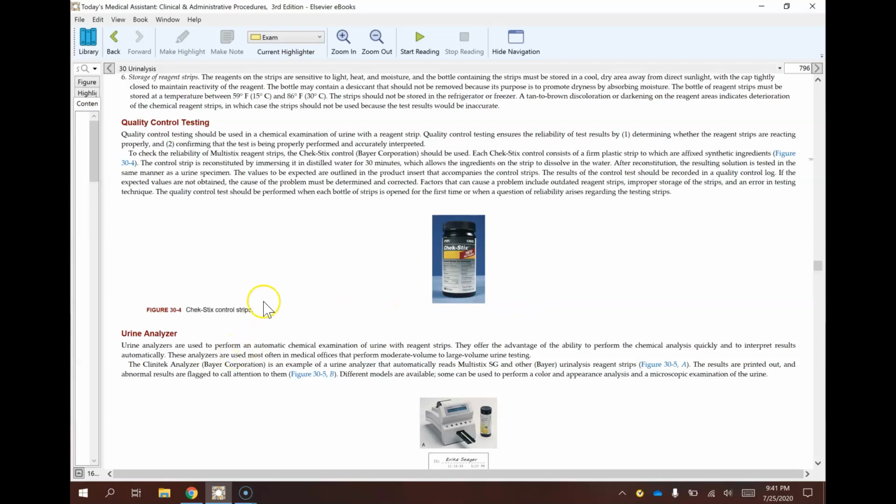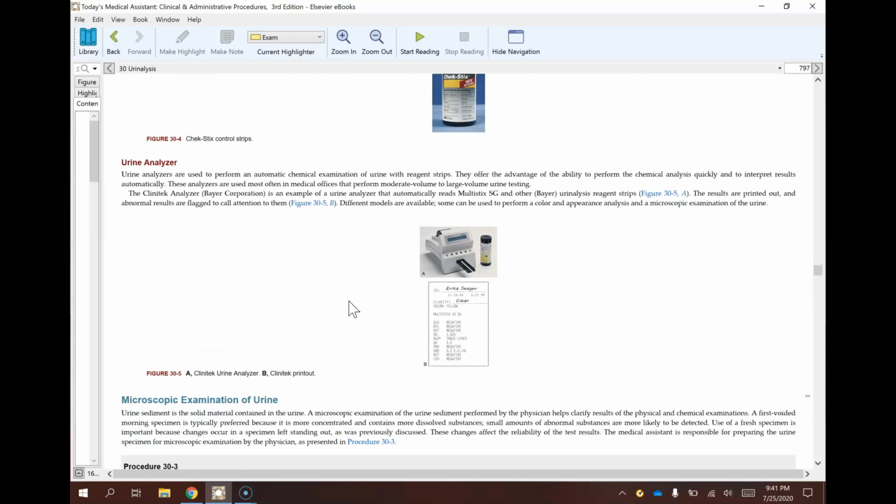Okay, oftentimes, for instance in a urology office, the first MA in for the day is required to run QA, QC procedures to make sure that all the equipment is appropriately functioning, and that the dipsticks that they have on hand are still within acceptable use time.